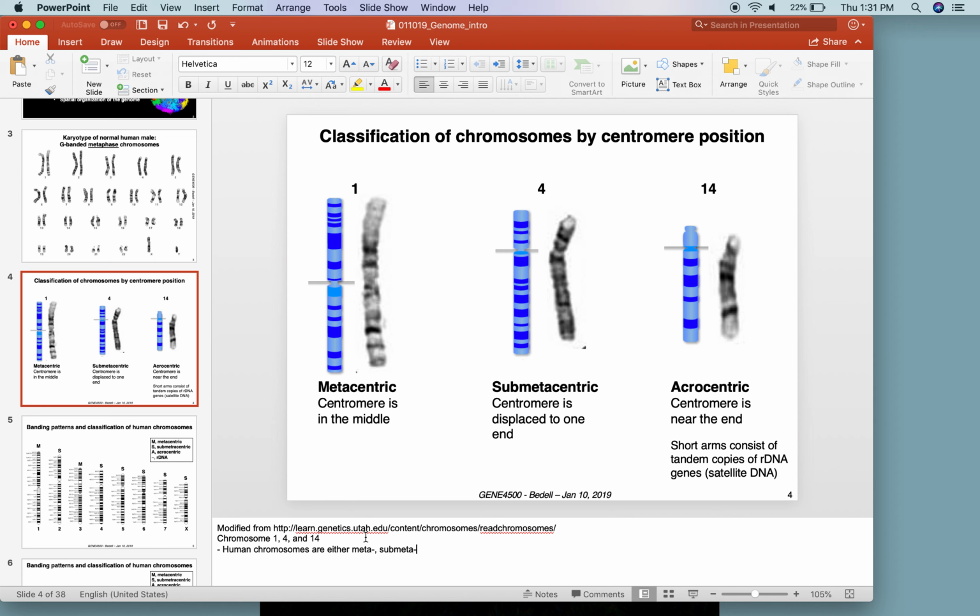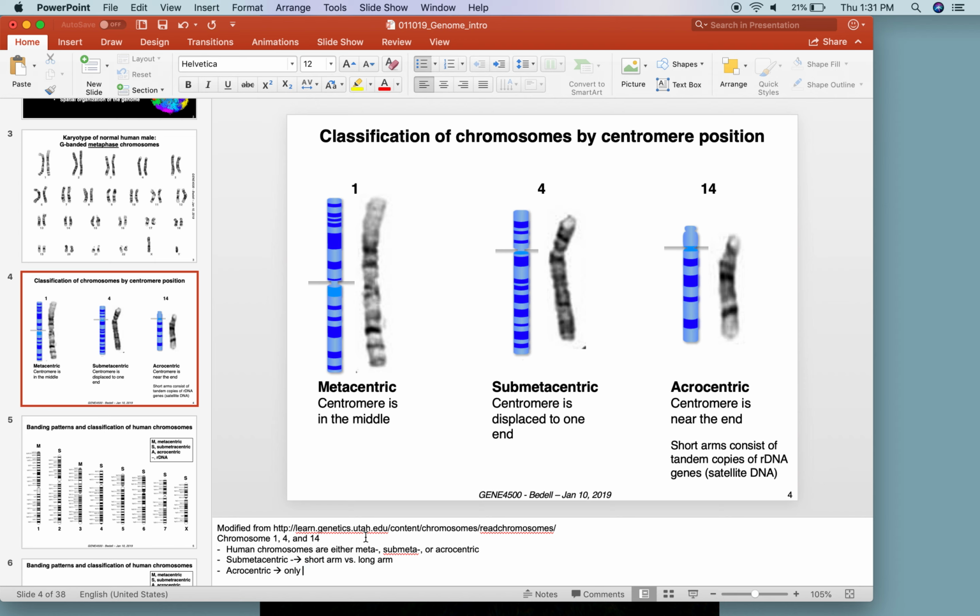Now, I can't remember if this was covered in Gene 3200, but with submetacentric and acrocentric chromosomes, you can refer to a short arm, the P arm, or the long arm, the Q arm. If you're wondering what's located on the short arm of the acrocentric chromosomes, there are only, I think, 3 of them. That's these very short arms on chromosome 13, 14, and one other chromosome.